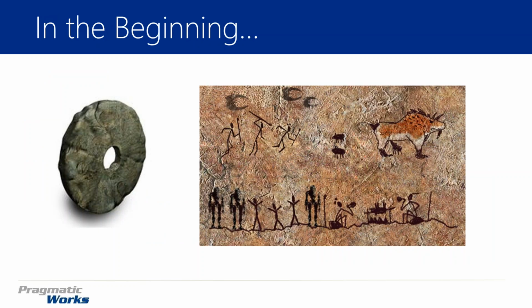So, in the beginning, we didn't have very many tools for collecting and using data. We had things like fire, sticks, and the wheel. And unfortunately, those early database administrators and developers couldn't really utilize those to interact with spreadsheets, databases, or cubes. We needed something else.